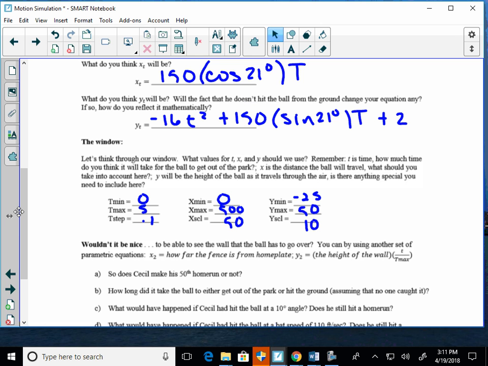So go back, change it 150 to 110, and change the degrees back to 21. Does he hit a home run? No. Okay, got it?